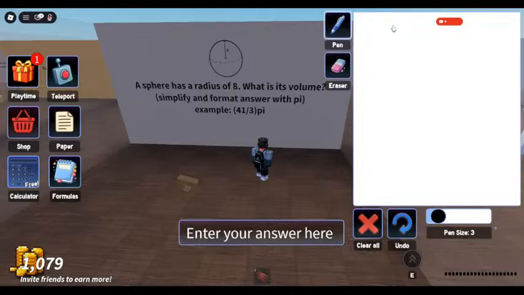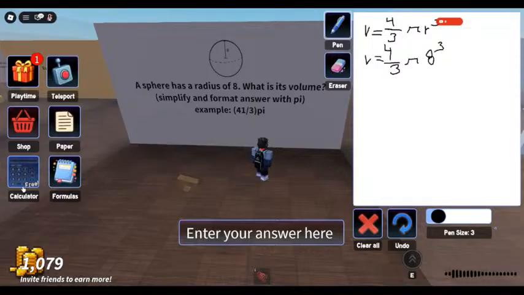So then volume is equal to 4 over 3 pi r cubed. We are given this, so V is 4 over 3 pi 8 cubed.